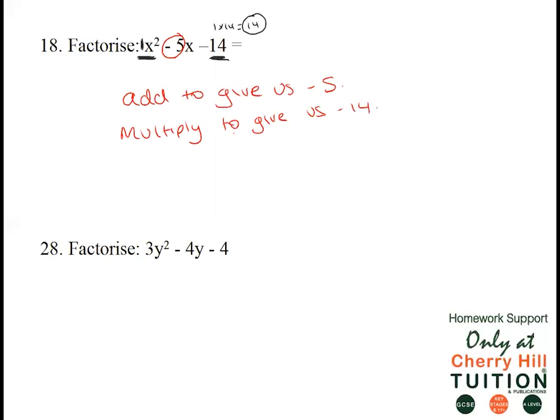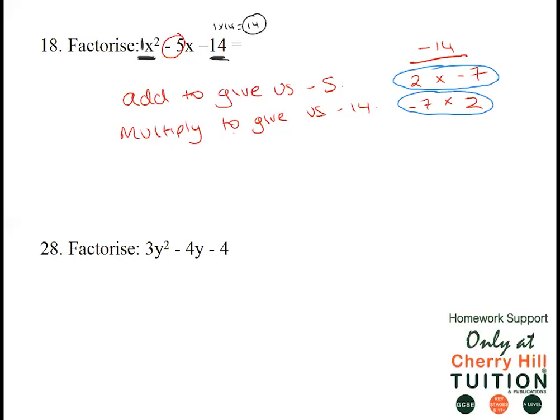So let's think about the pairs of numbers that can give us minus 14. We have 2 multiplied by minus 7, or minus 7 multiplied by 2. Now, one of these pairs needs to add to give us minus 5.